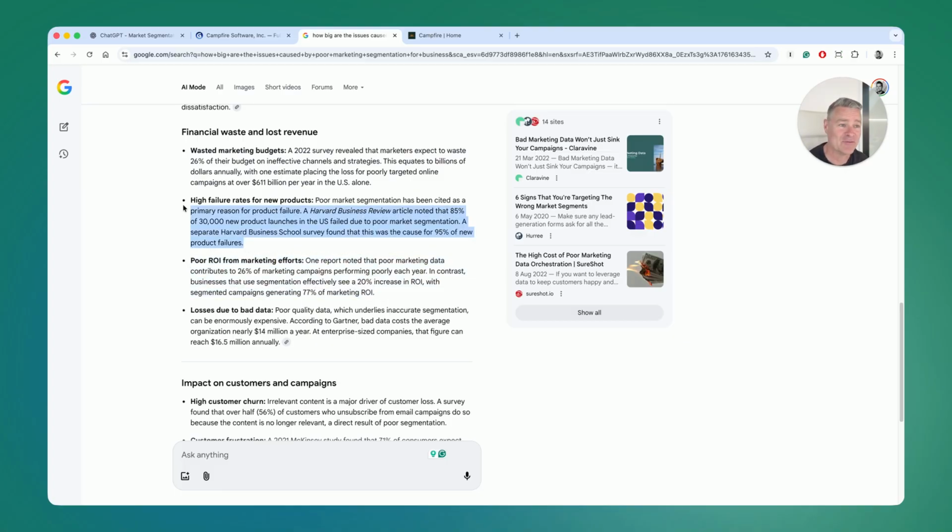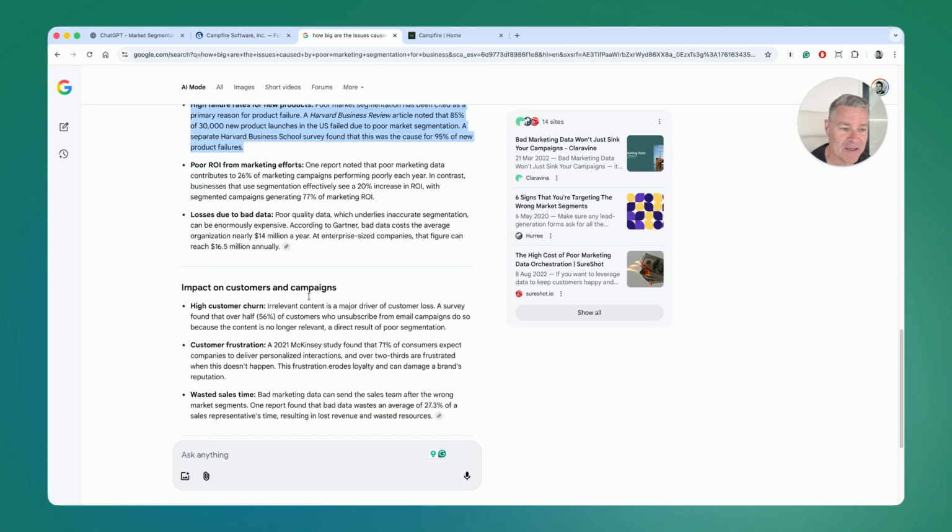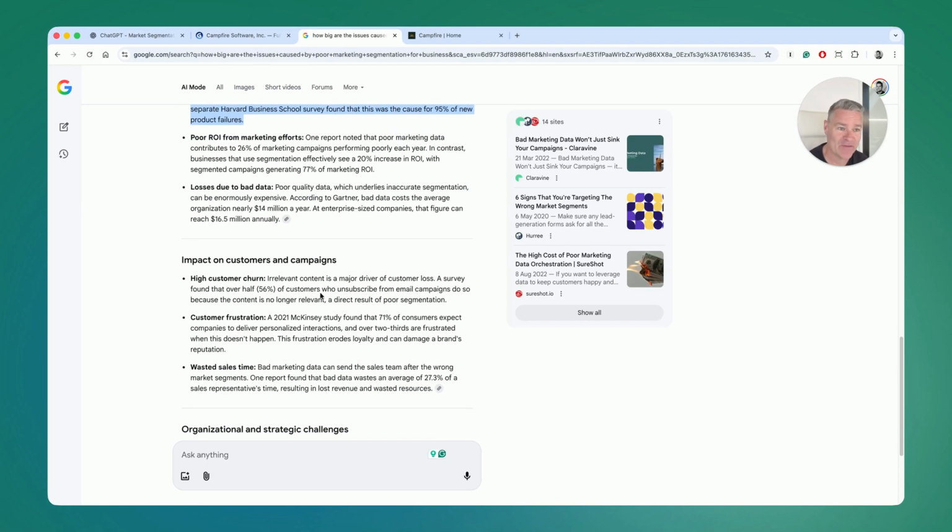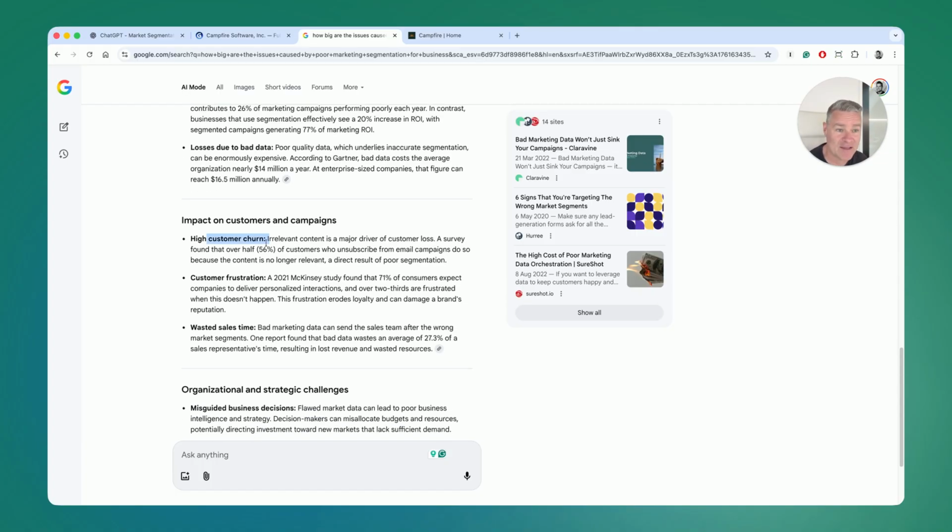A Harvard Business Review article noted how many poor product launches there are per year because they went to the wrong market. They segmented it in the wrong fashion. So all of this comes down to being too general, too lazy. We've got to work hard and get specific to avoid high customer churn and frustration, because we're not talking to them in the right way, because we're not talking to the right segment. So let's find out how we do that.